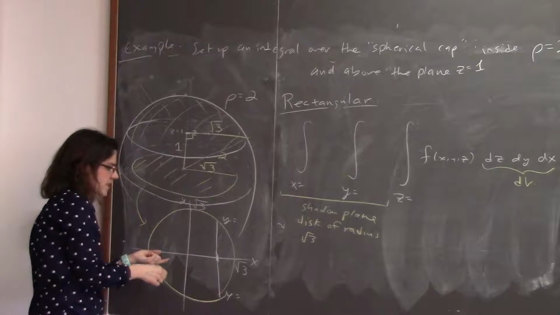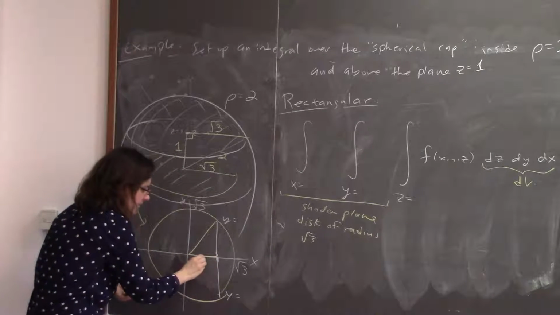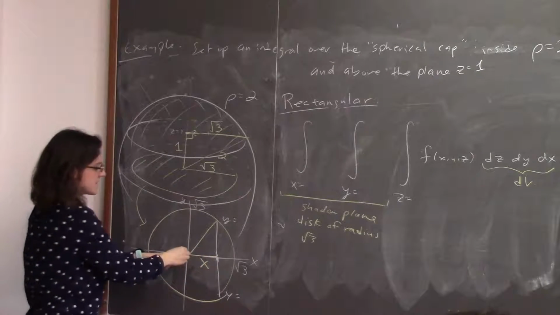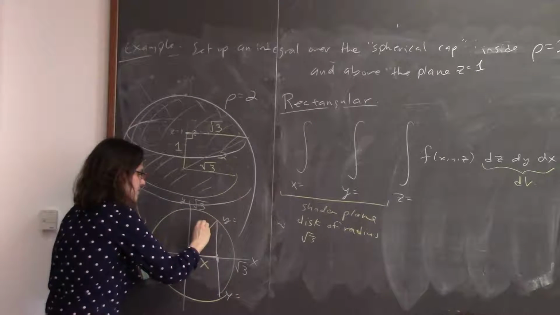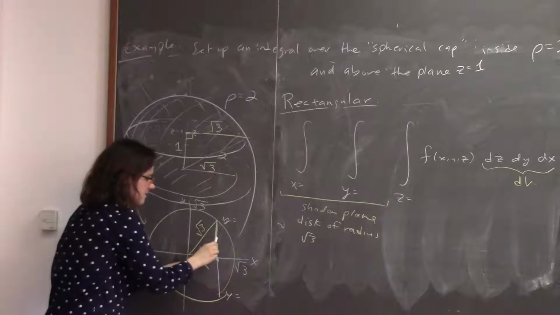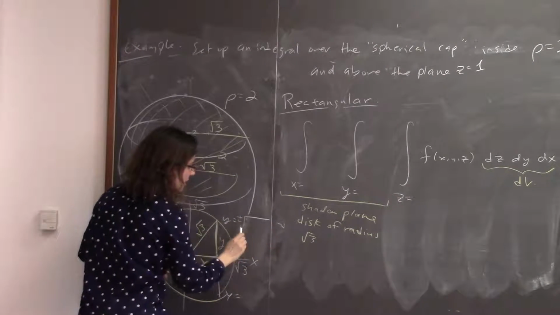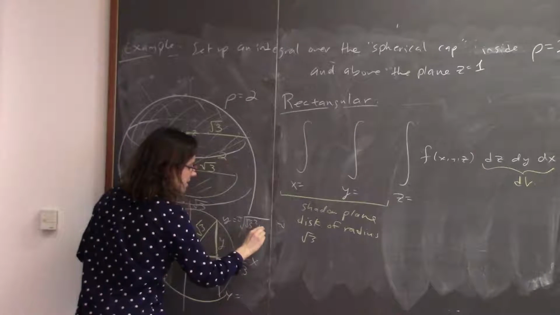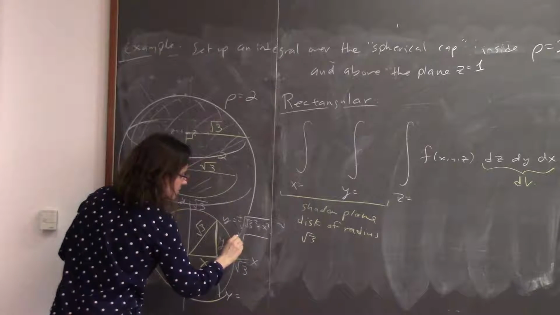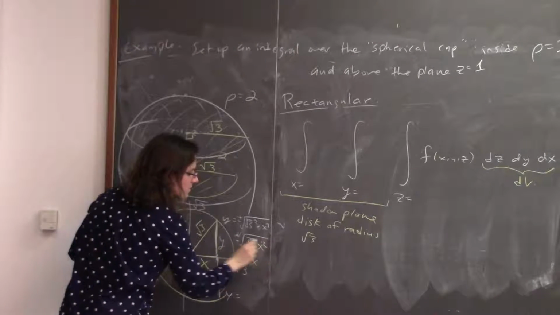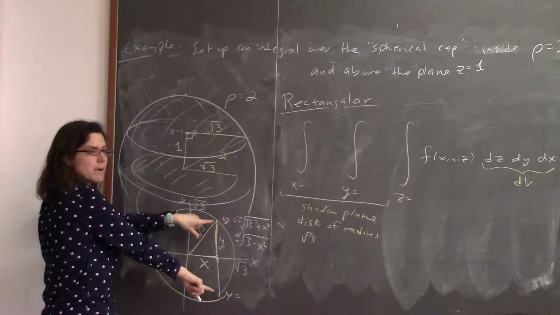I think the thing to do again is to put in a little right triangle. So here, the bottom length is x, because we're picking our favorite x value, then our radius is square root of 3 here, and we want this y value. So y is plus or minus the square root of the square root of 3 squared minus x squared. So y is plus or minus the square root of 3 minus x squared. At the bottom, we'd want the negative, and at the top, we'd want the positive.